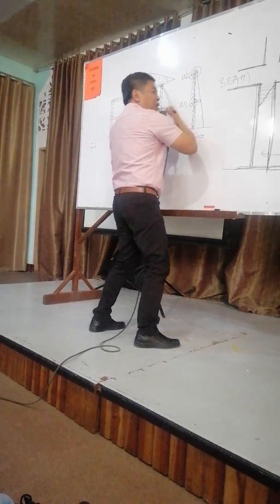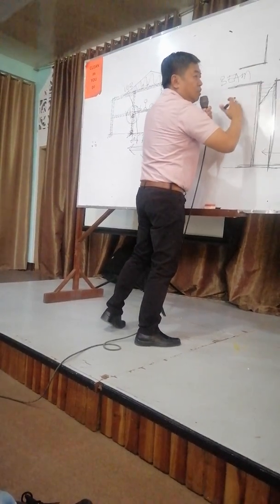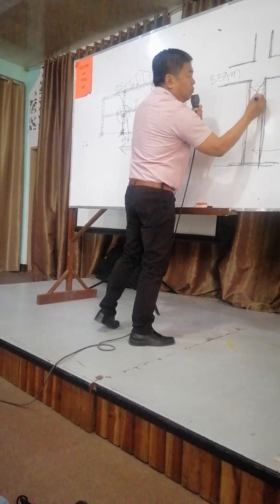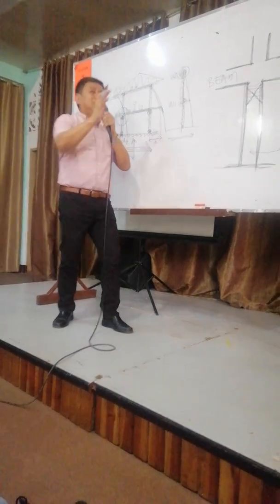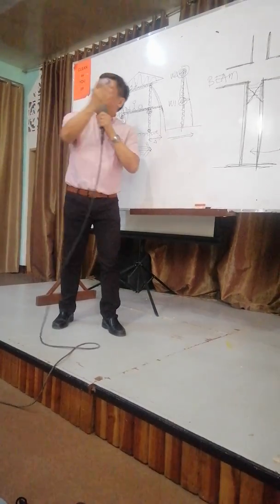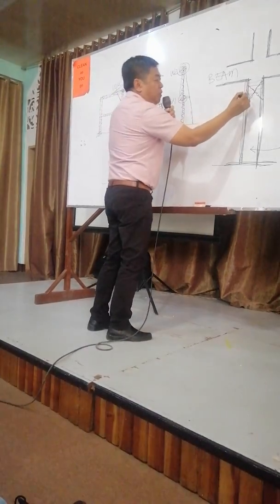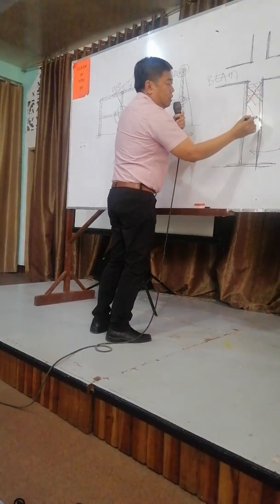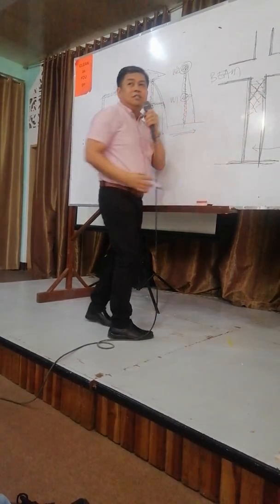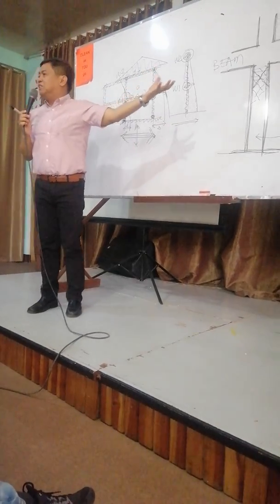And then when the earthquake goes in that direction of equal magnitude, there will be another crack. And when there is many swaying, it will be multiplied by more diagonal cracks.